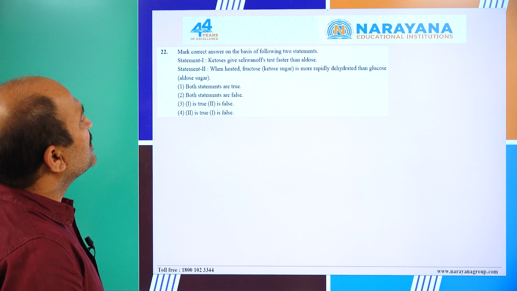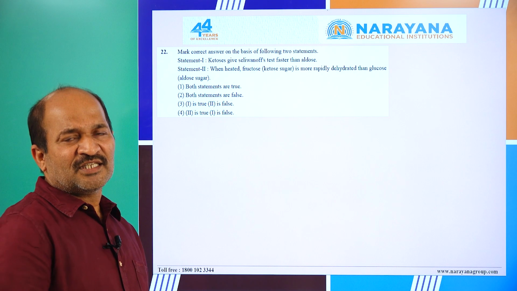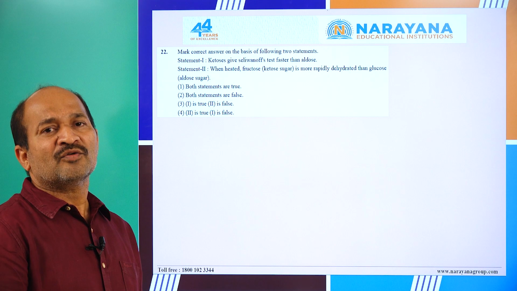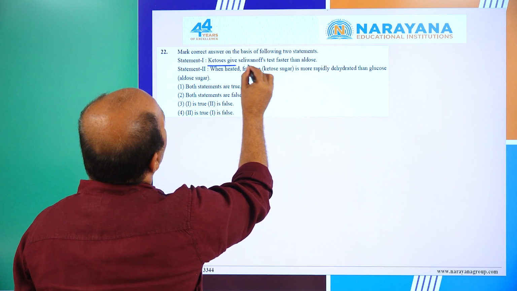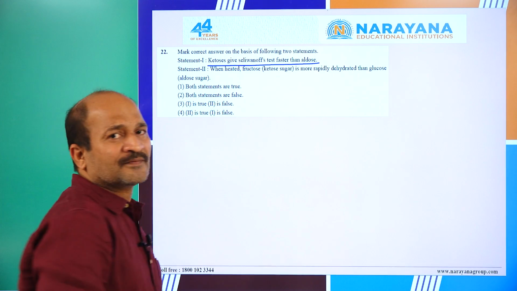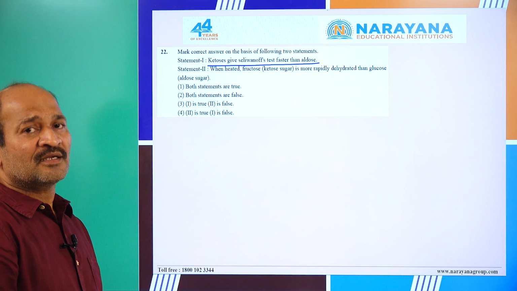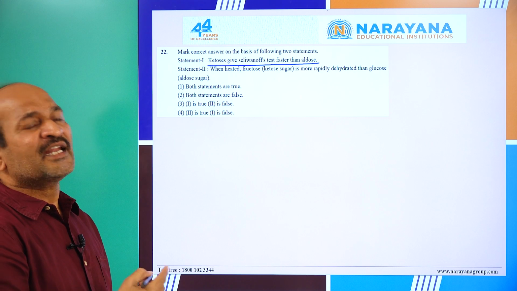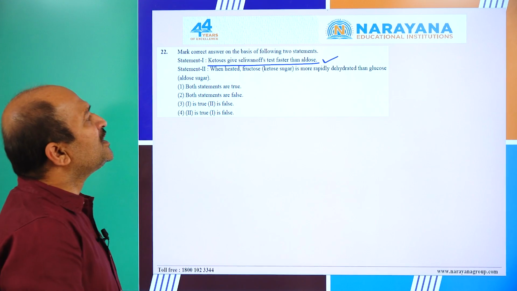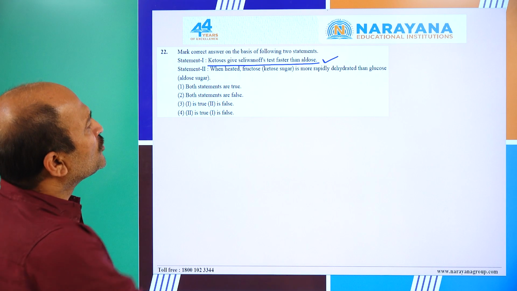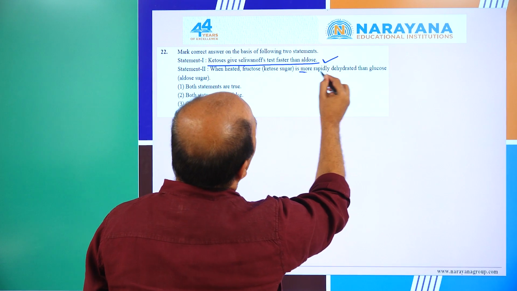Mark the correct answer on the basis of the following two statements. This is a question related to biomolecules and it is also data based. Ketose gives Seliwanoff's test faster than aldose. Yes, both will give the test, but ketose will give it very quickly. So statement 1 is correct. And when heated, fructose is more rapidly dehydrated than glucose.